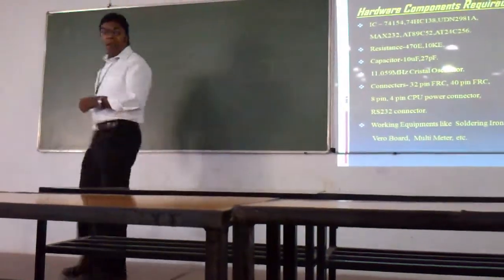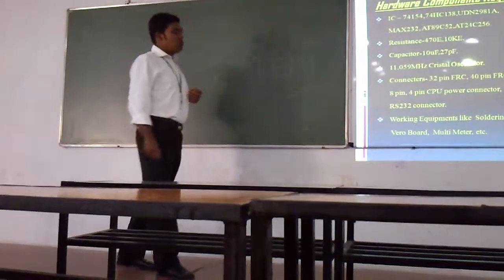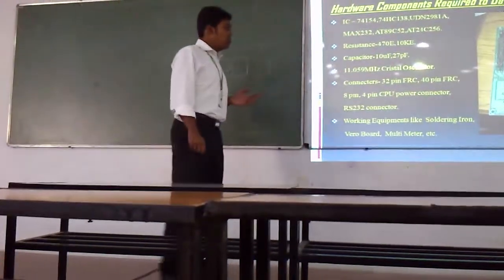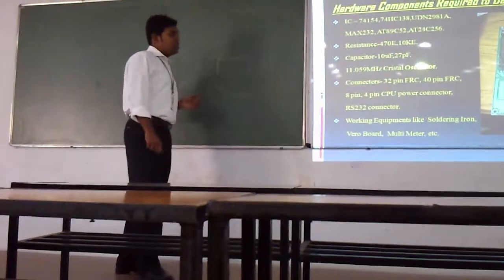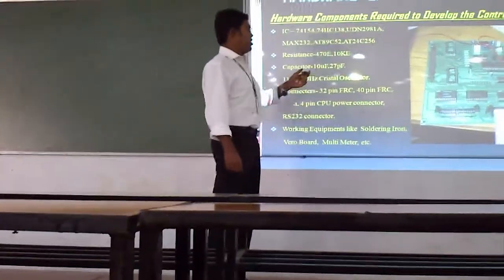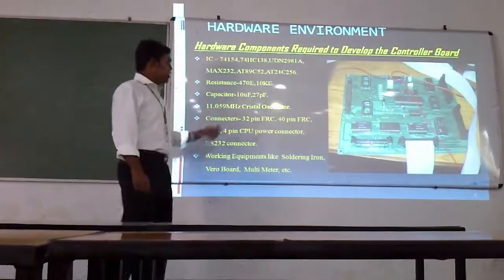Now, what type of resistors do we have to use? 470 ohm, you can use 330 instead of that also, and in the controller board when the display board is connected, you have to use 10K.